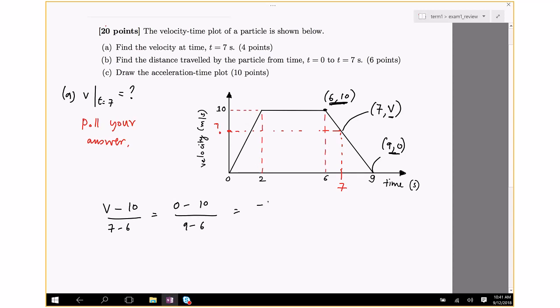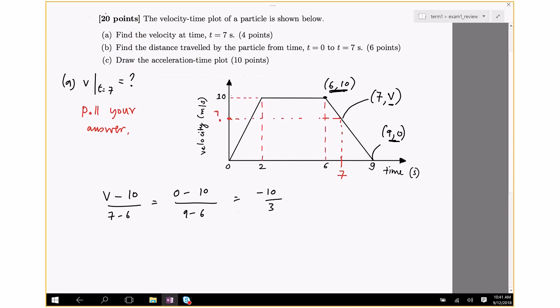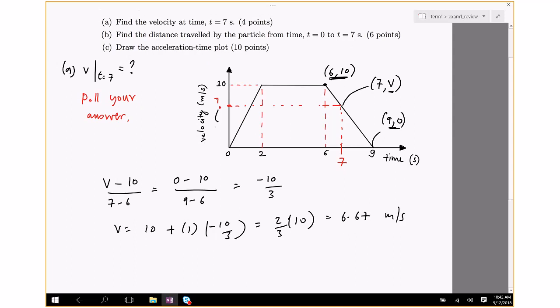So minus 10 divided by 3 is the thing on the right. So v equals 10 plus 7 minus 6 is 1 times 10 divided by 3, and that comes to be 2/3 of 10, which is 6.67 meters per second. Okay, so this point here is 6.67.